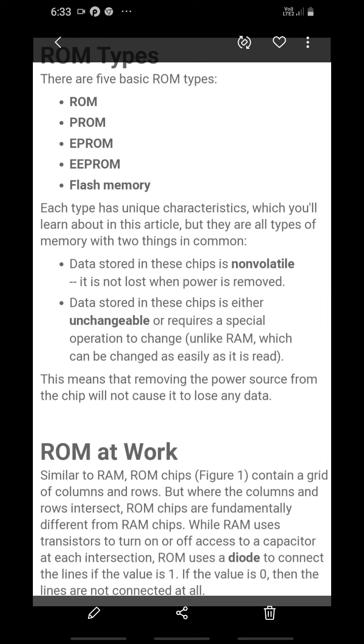This means that removing the power source from the chip will not cause it to lose any data.